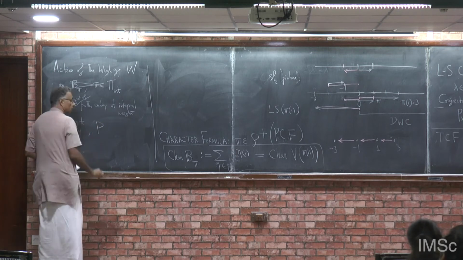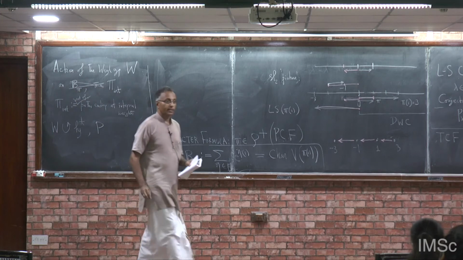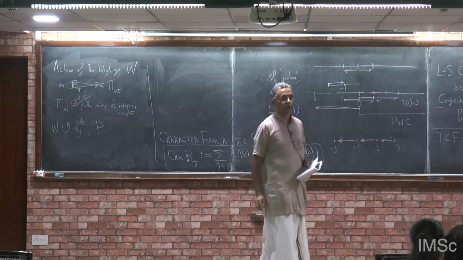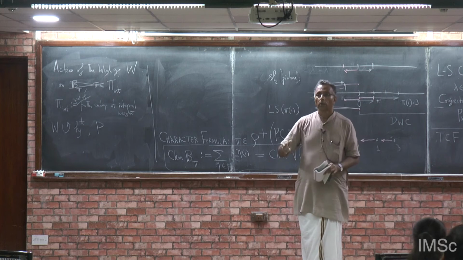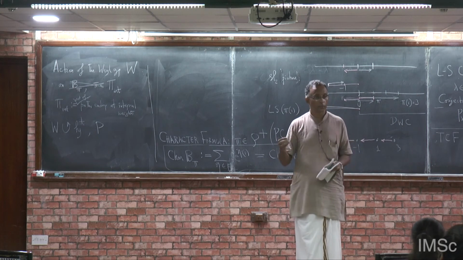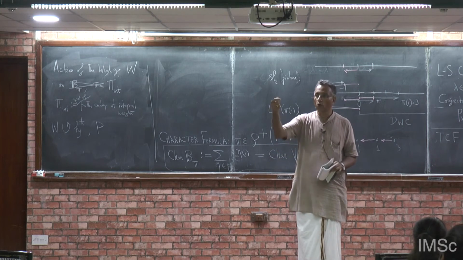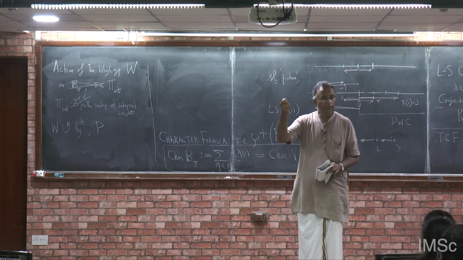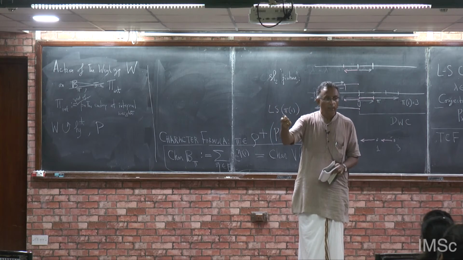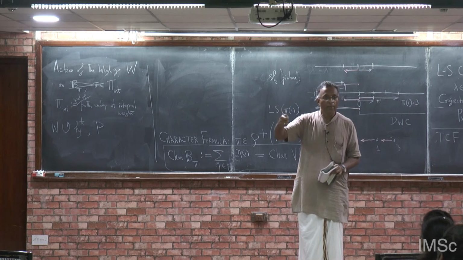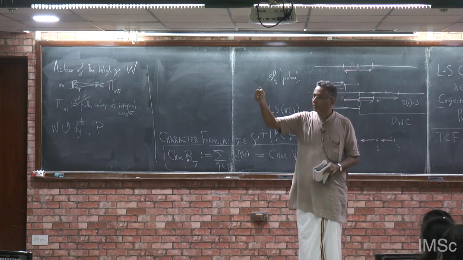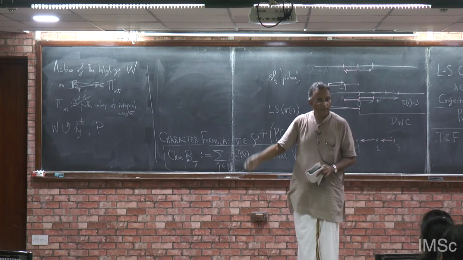There is this weight lattice which is preserved by the action of W, right? So what does it do to an element if I take lambda in H star and act by S alpha? It will become lambda minus some multiple of alpha.